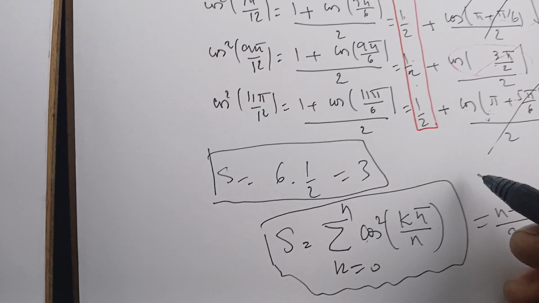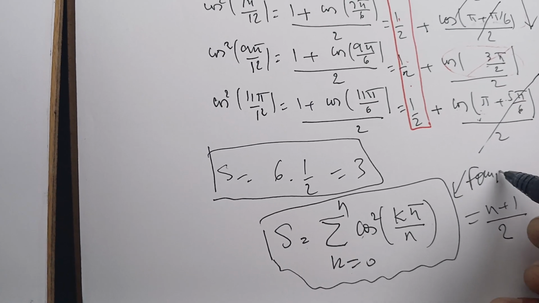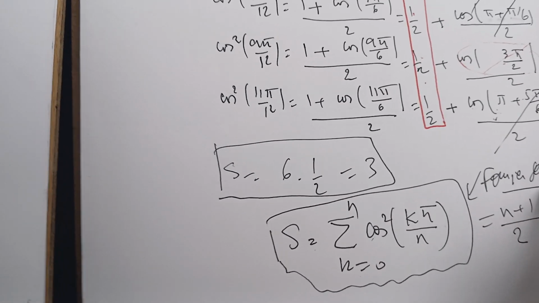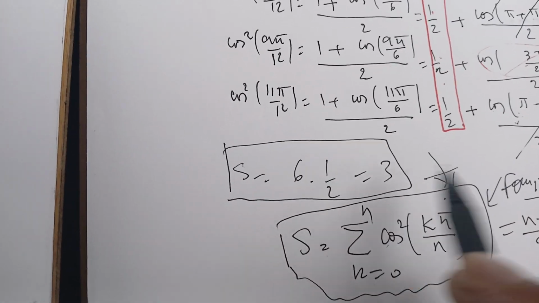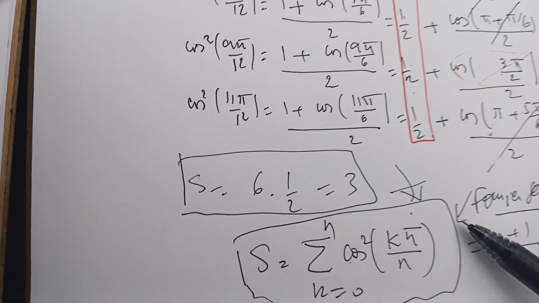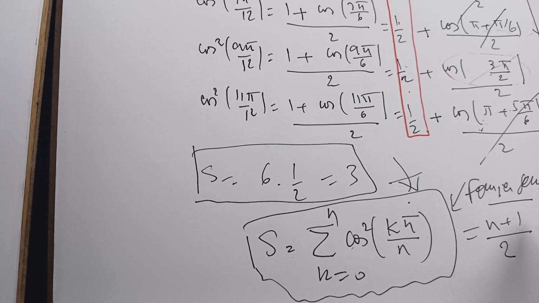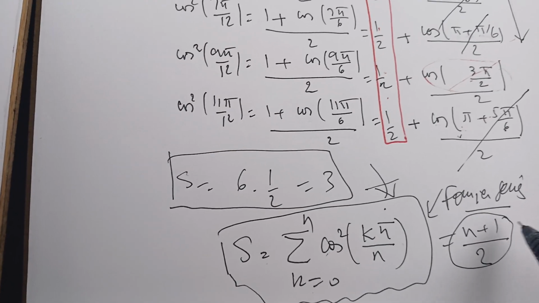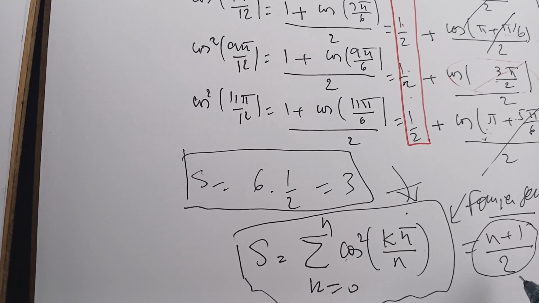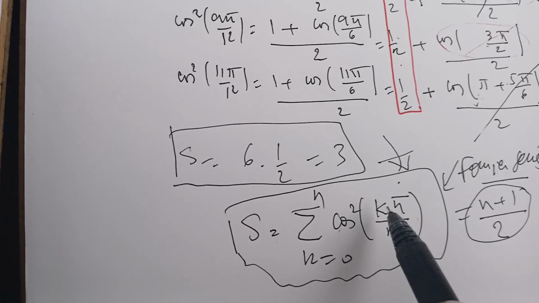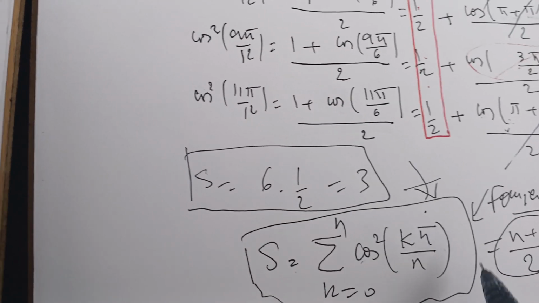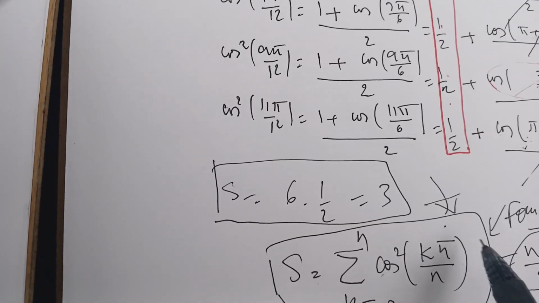Why this one? Because we need it for Fourier series and sound amplification. I'm not sure if this is the right one, but I will try to prove it either by induction or in general, using some complex analysis, complex numbers. Thank you very much for now.